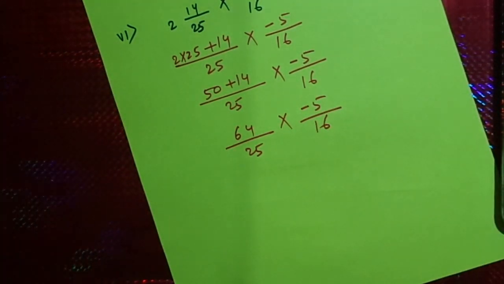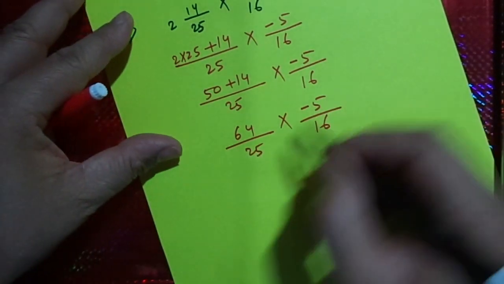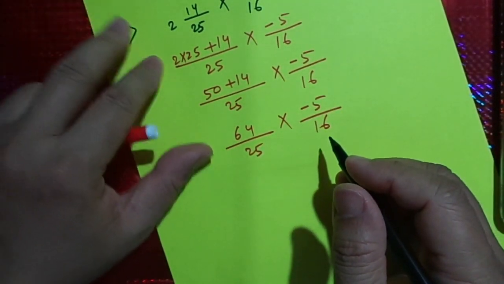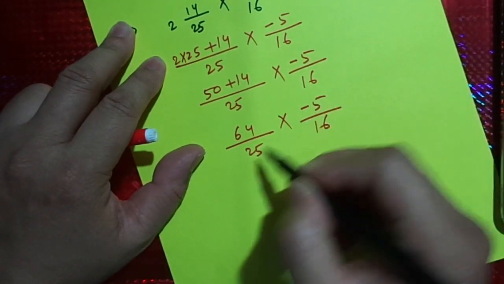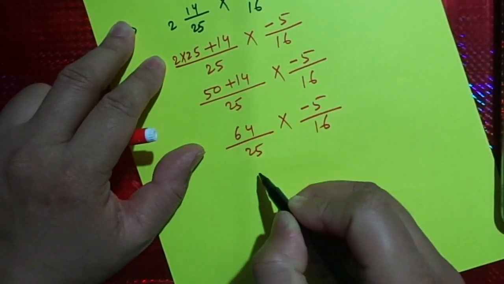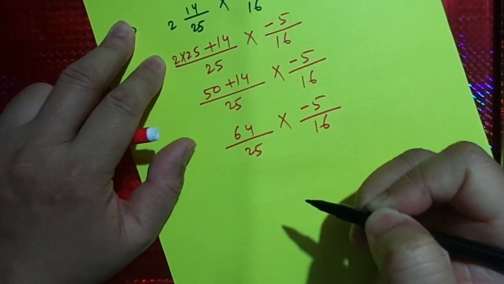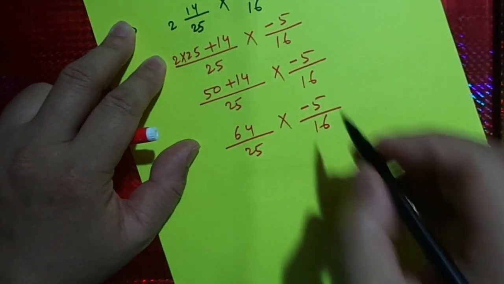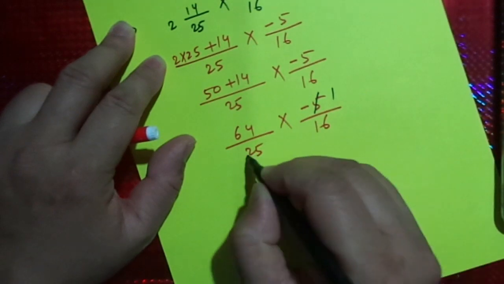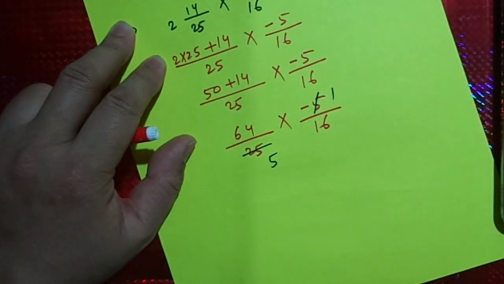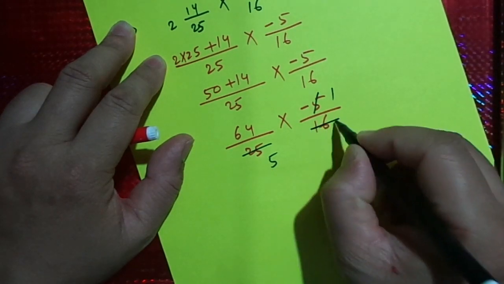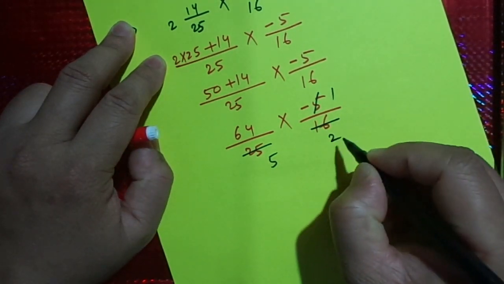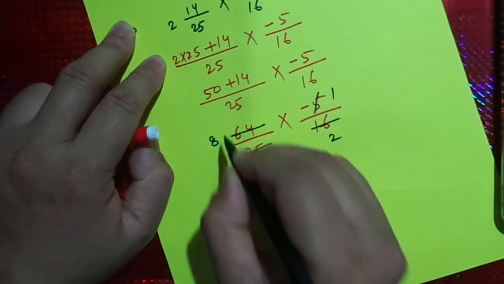Now you have to see whether the numbers cancel or not. I said only the denominator and the numerator can cancel, either this way or this way, by only one number. So we have 5 1 times, 5 5 times, while these two I can see can get cancelled with 8 2 times and 8 8 times.